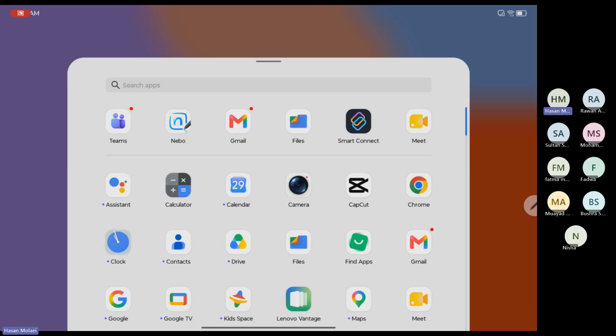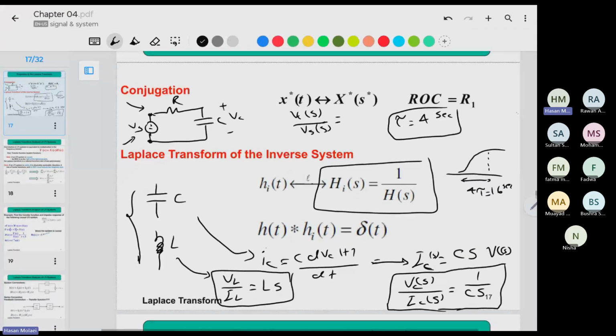Now we want to make it a bit harder. If I add one inductor here, what will happen? It would be second order. Can you find the transfer function?